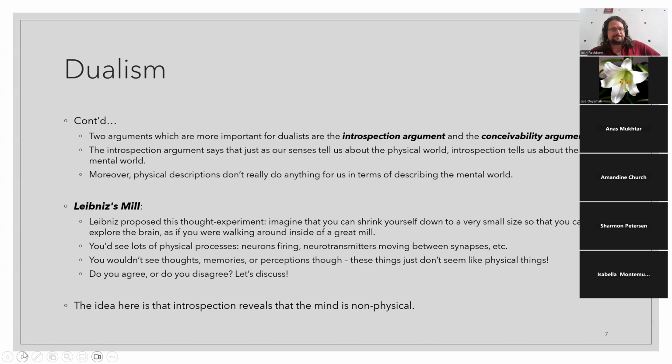There are two arguments which are a little more important than the arguments that rely on freedom of the will or life after death, and they are the introspection argument and the conceivability argument.